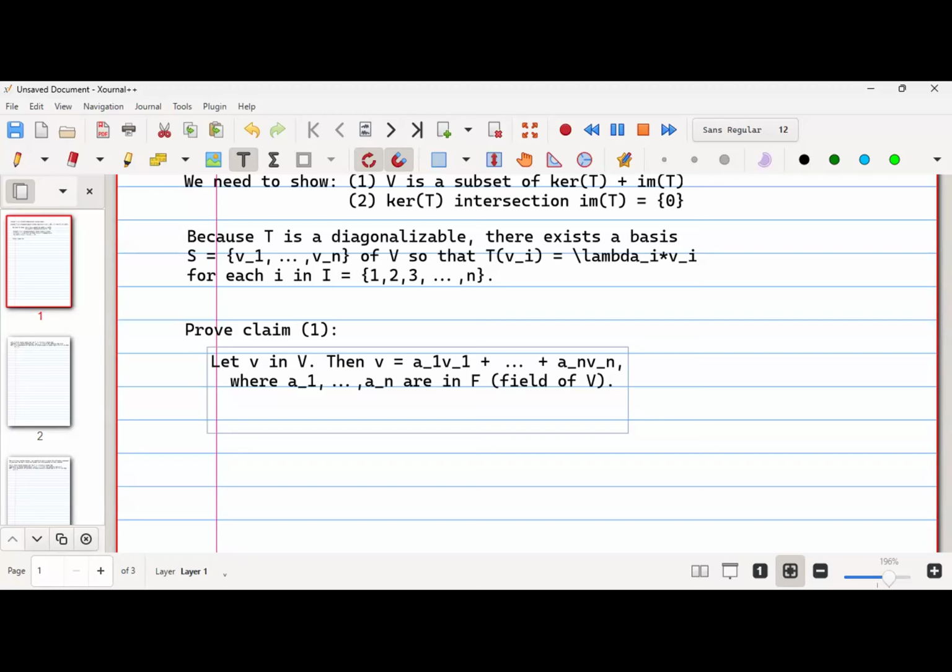So that's going to be our strategy for proving claim 1. So let's define the set J as the set of all elements in our indexing set I such that lambda_j equals 0.